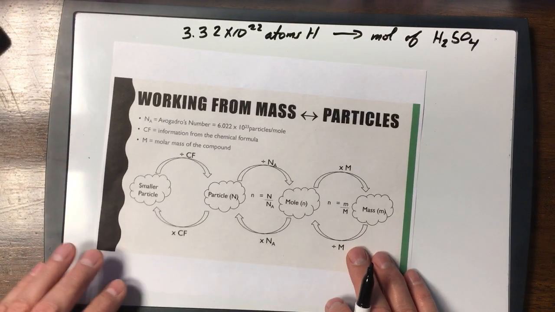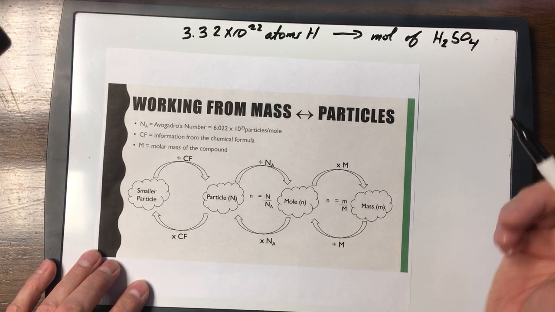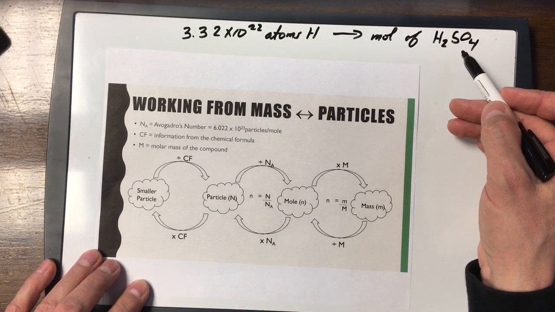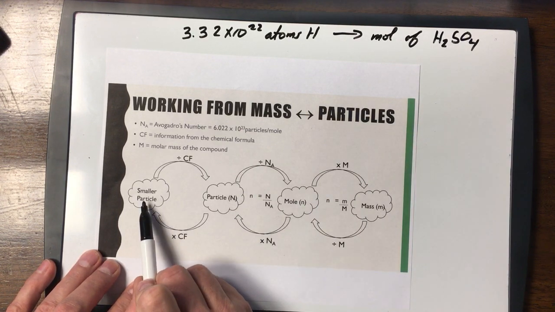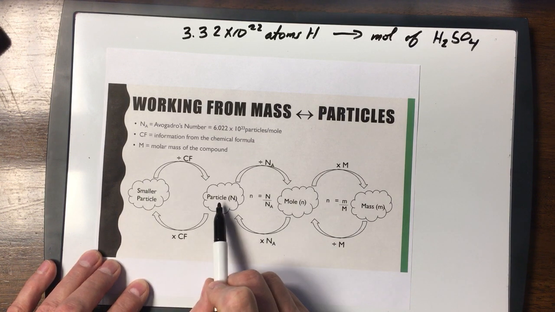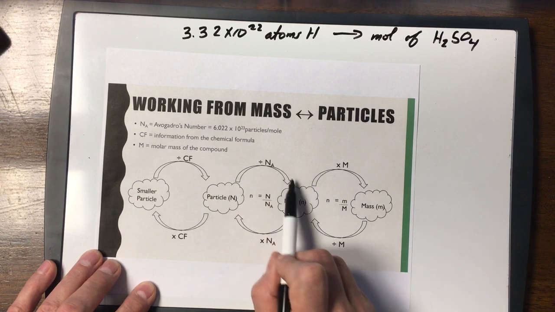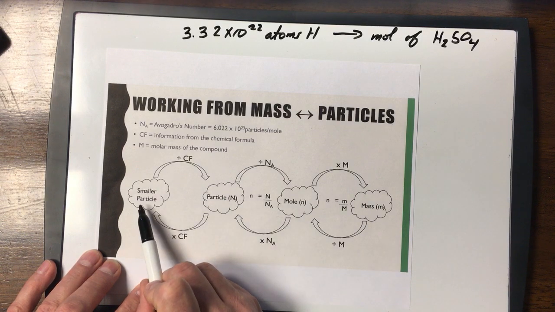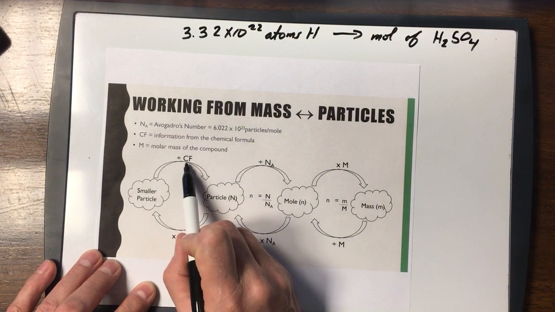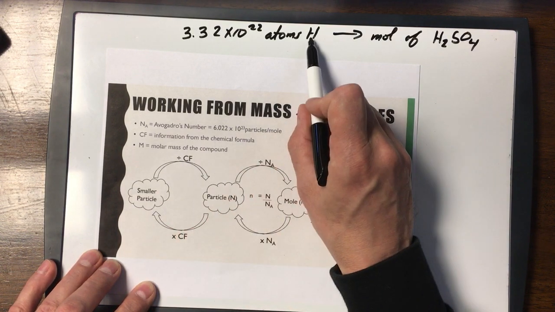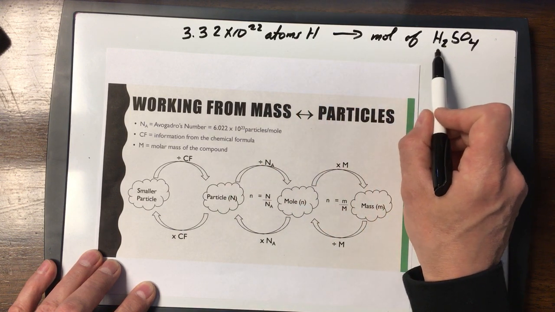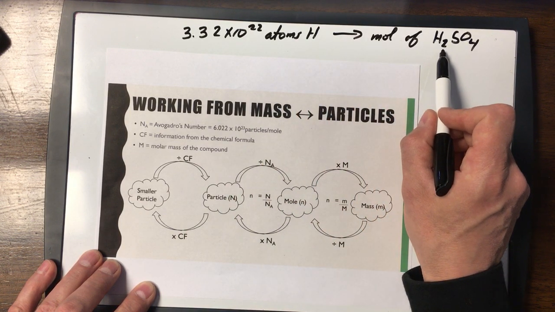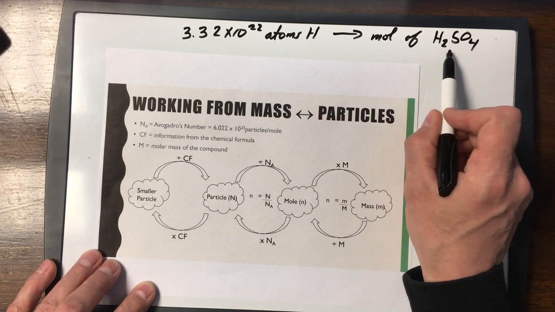Looking at our mole map, we recognize that we're dealing with a particle here that is made up of smaller particles. So we're going to be starting here, smaller particles, which is hydrogen atoms. We're going to convert into particles of sulfuric acid, and then we're going to convert into moles. So it's going to once again be a two-step process. To go from smaller particles to particles, we're going to reference our chemical formula. And in this case, because we're looking at hydrogen atoms, we recognize that our sulfuric acid has 2 hydrogen atoms in the compound of sulfuric acid.